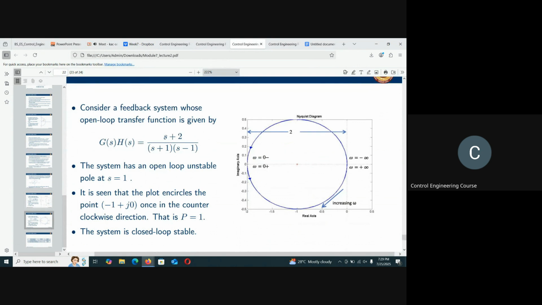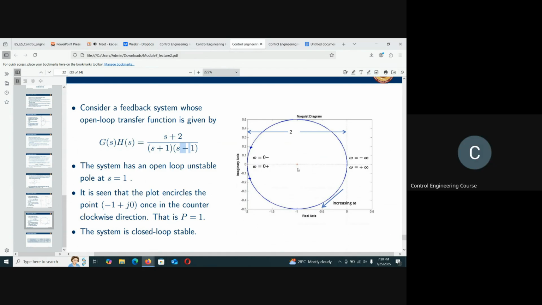Take this system. The system has an unstable pole here, correct? S is equal to 1. And this is the Nyquist plot here. What is the number of counterclockwise encirclements about minus one? This point is minus one, shown in red inside.